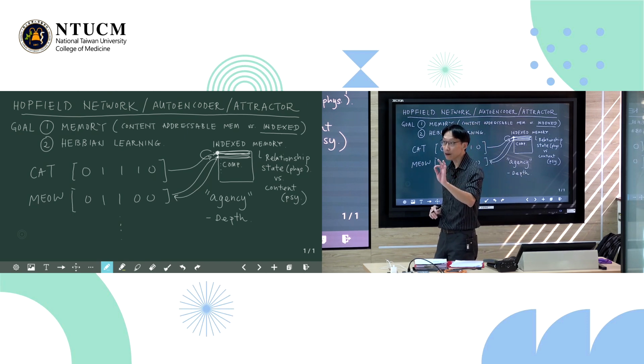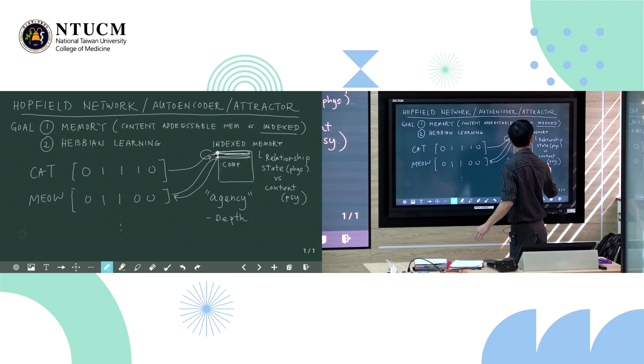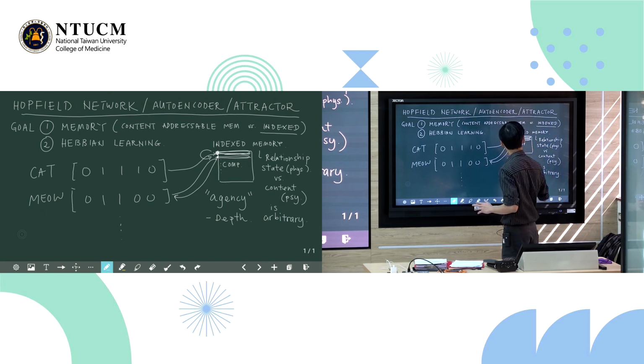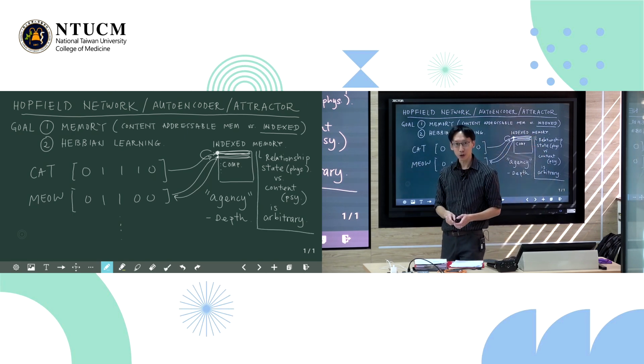The state itself and the content that is encoded in it is arbitrary. Okay? This is the key sort of limitation or the key feature of index memory.